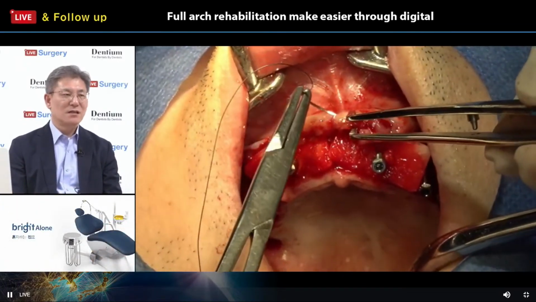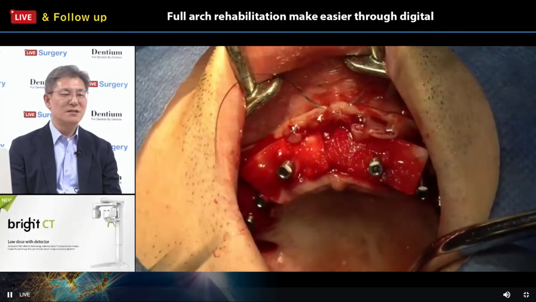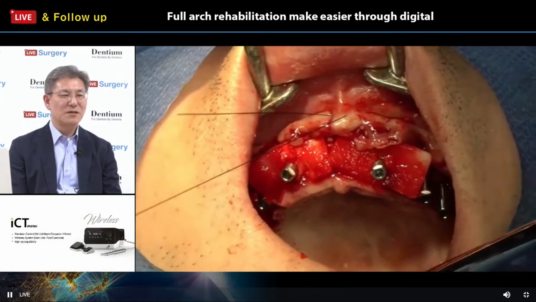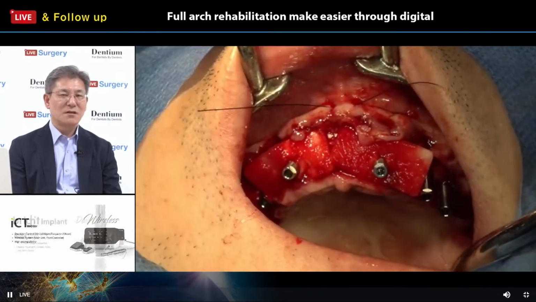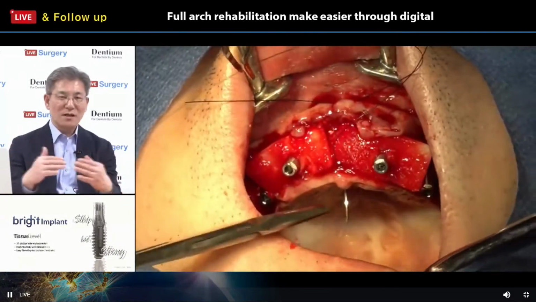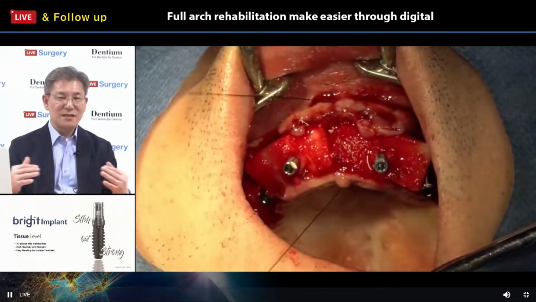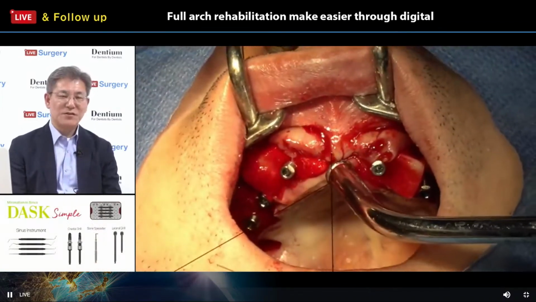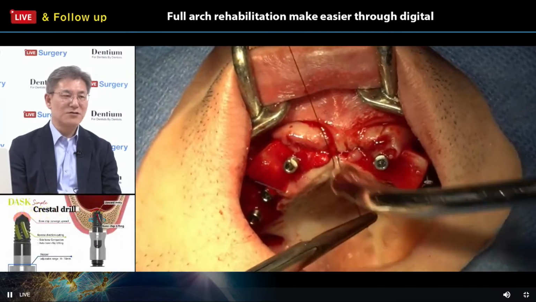If you use this collagen graft, you can skip the bigger periosteal releasing incision. Just a small periosteal releasing incision, the minimum needed to cover this whole area, is enough.